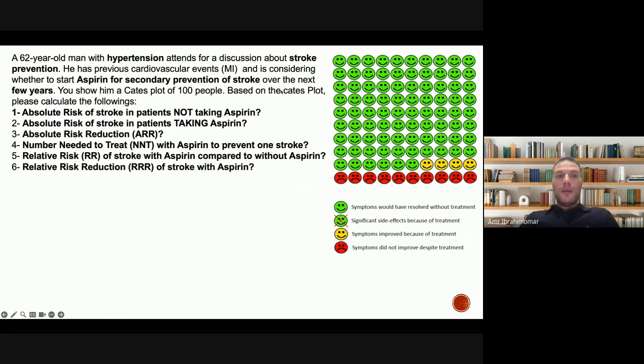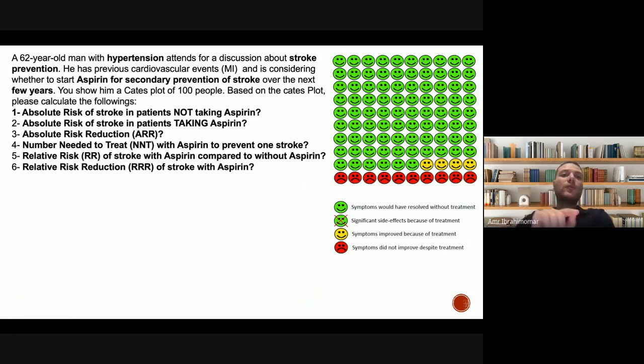Again, if we didn't give aspirin for this 100, how many will have a stroke? It will be the red and yellow, because those yellow faces, if they didn't take aspirin, they will have a stroke. So in another way, he's asking about red and yellow. It will be 14 divided by 100, so 14%.